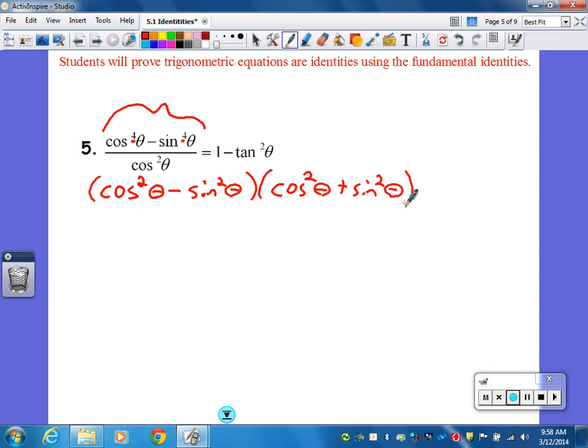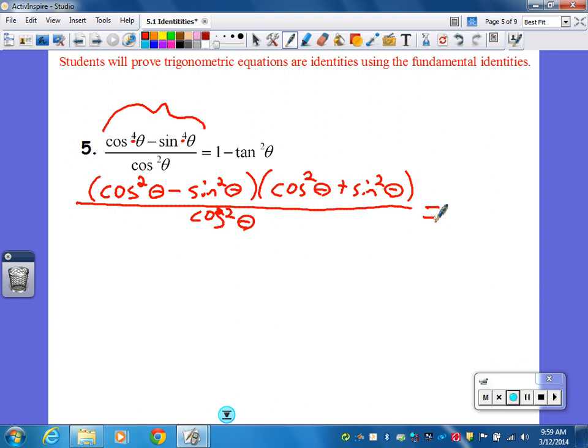All right, so, and then we're going to put that all over cosine squared theta. That's kind of ugly, but work with me. Okay. I guess I'm writing Z's now too. I'm trying to spell words with Z's here.